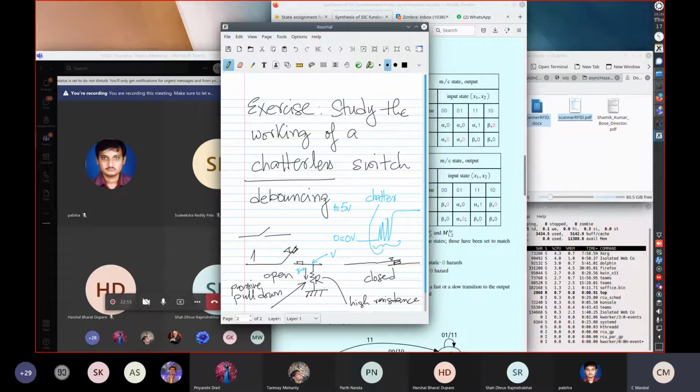The working of a flip flop. So the working of a latch. That time we did not specifically mention chatter, but can anyone tell me how you can remove this chatter? So I've already given you the hint. You make use of a latch. So can anyone suggest how you can use a latch to avoid this chatter?